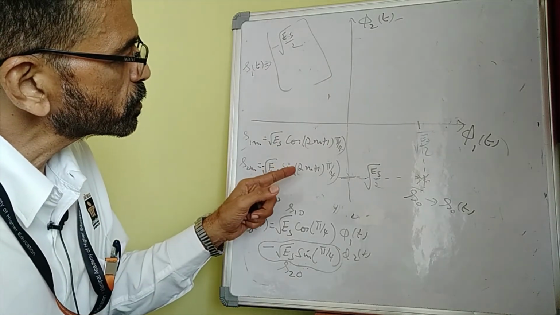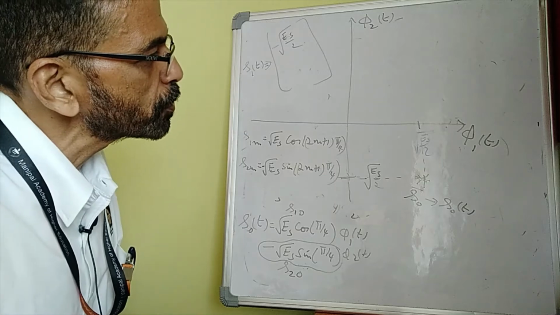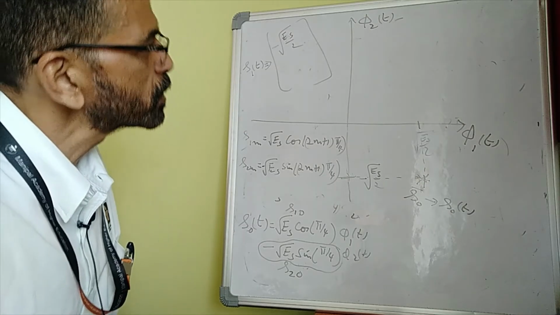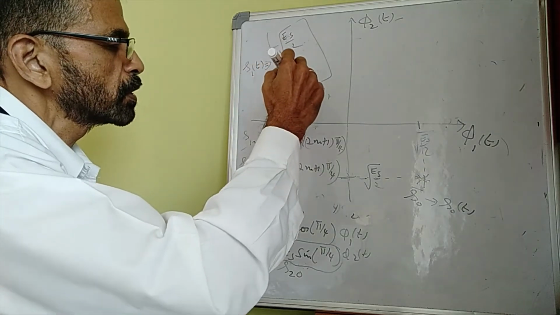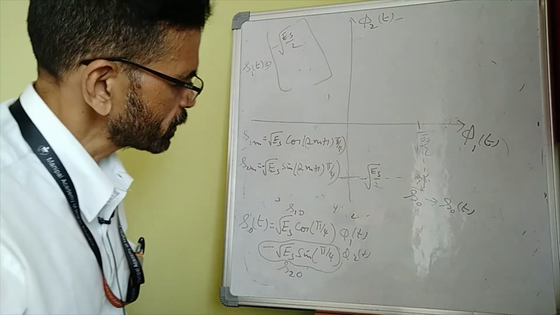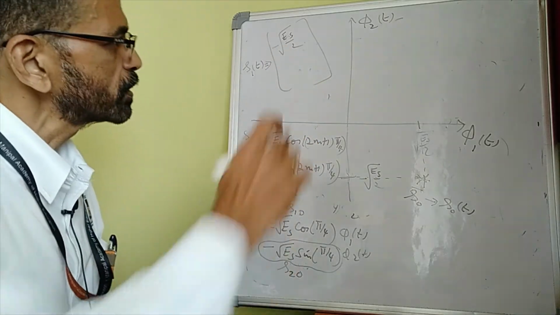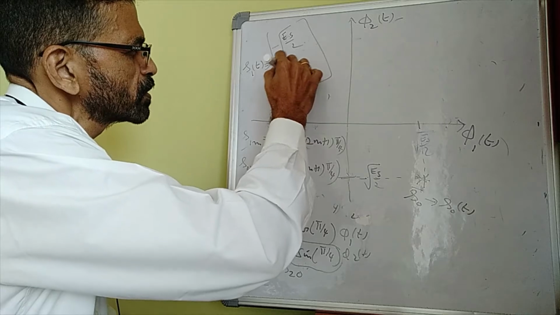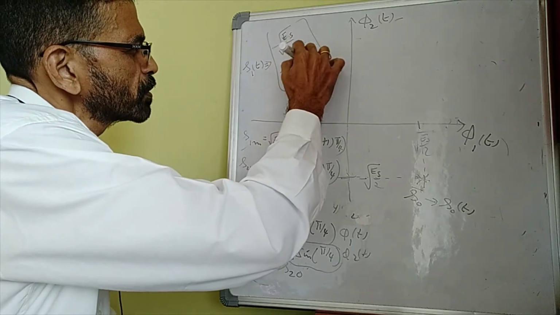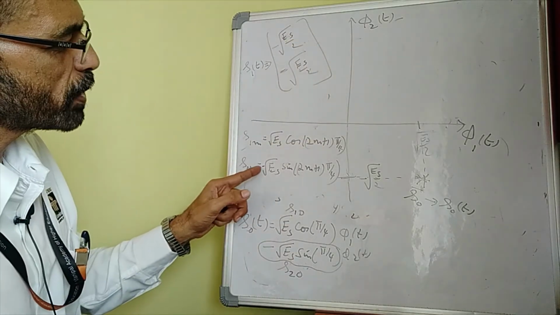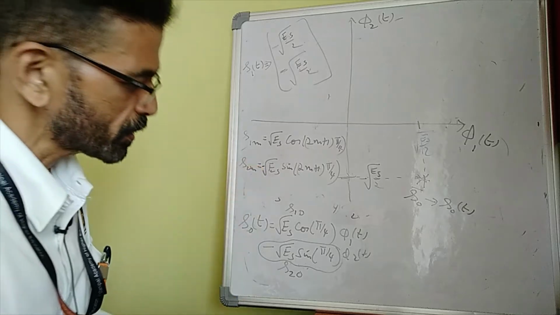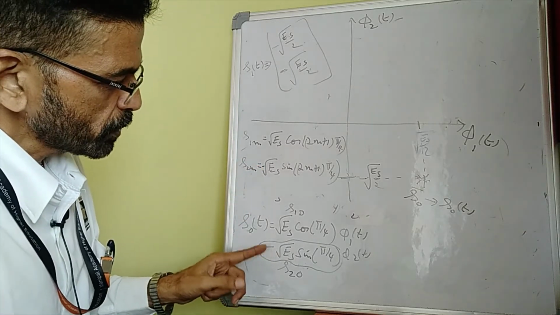And sin 3π/4 will be plus 1 by root 2, and since there is a negative sign here, it will be minus root Es by 2. Remember, S2m has the negative sign included in it, as you can see here.